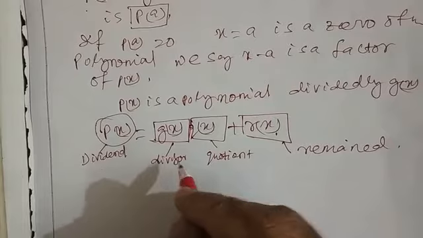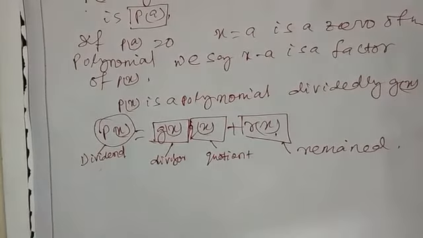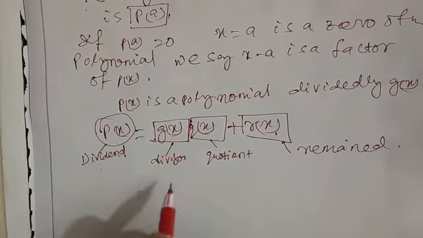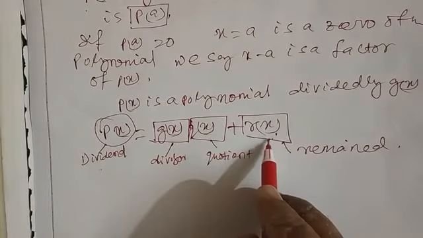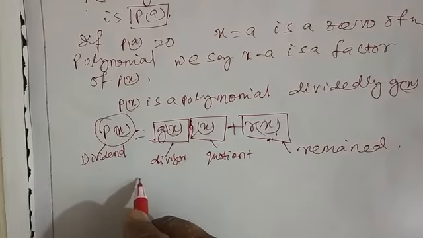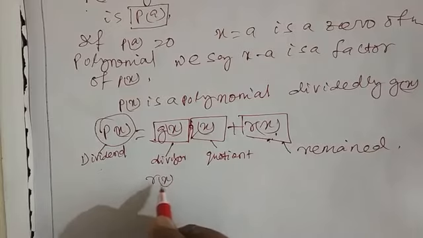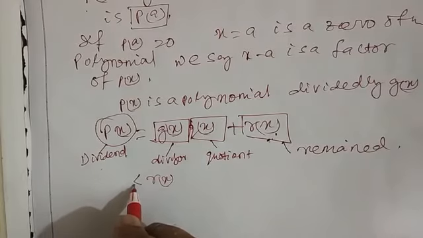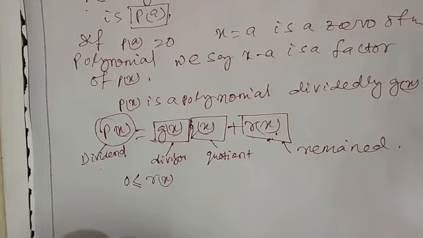You have read this in your class 10. Okay? And is there any restriction on the remainder? Yes. In numbers, r must be greater than or equal to 0 and less than the divisor.